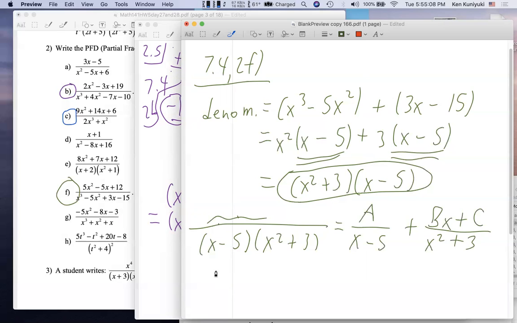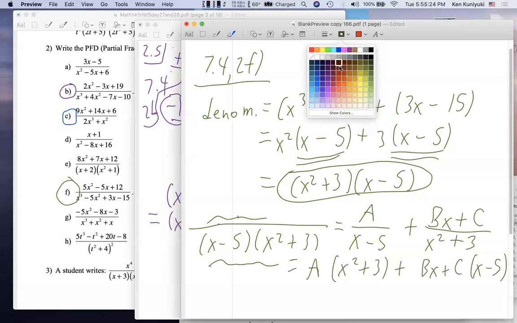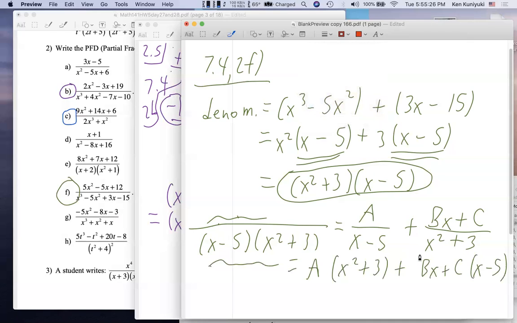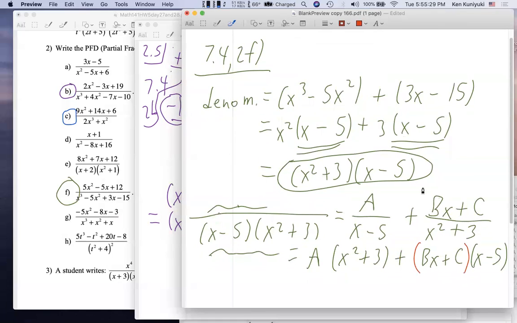Okay, so quickly, here's the basic equation. Numerator equals A times who's missing, x squared plus 3 in parentheses, plus Bx plus C, x minus 5. What do I need? You need parentheses around that so that you're not just multiplying by the C. That's right, because that's a very, very common error.